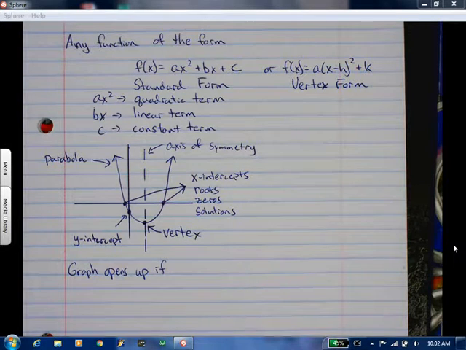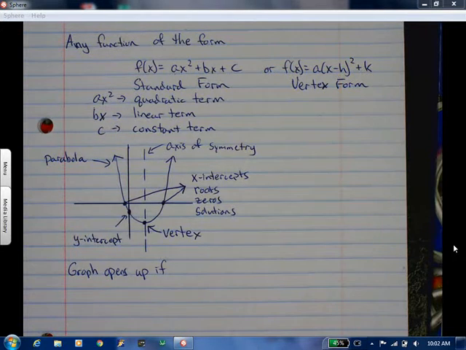Okay, let's look back at the linear functions. What does the slope tell us on a linear function? If we're graphing a linear function, what does the slope tell us as far as whether the graph goes up or down?